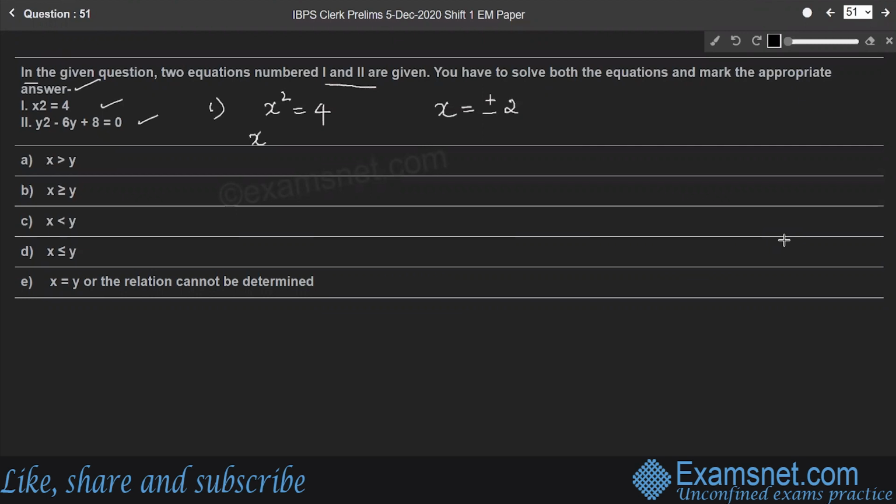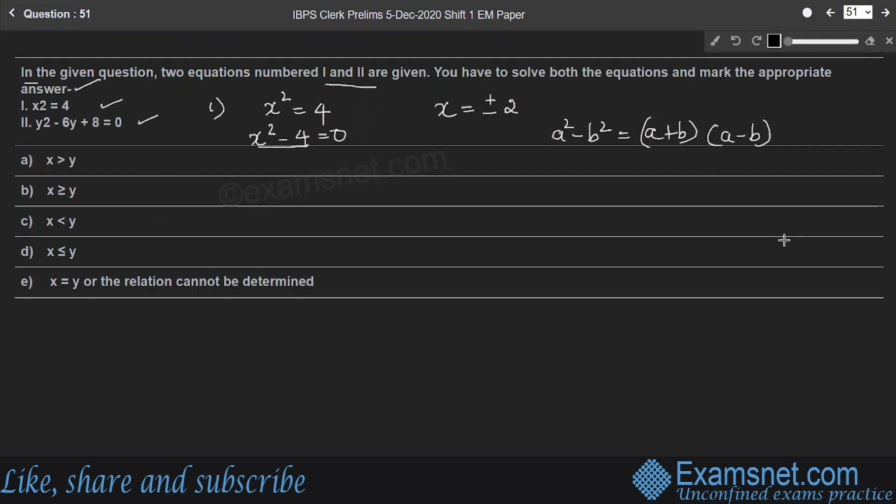Otherwise, we will solve the equation x square is equal to 4 as x square minus 4 is equal to 0, which is in the form of a square minus b square. Here, LHS is in the form of a square minus b square, which is equal to a plus b into a minus b, where a is x, b is 2.